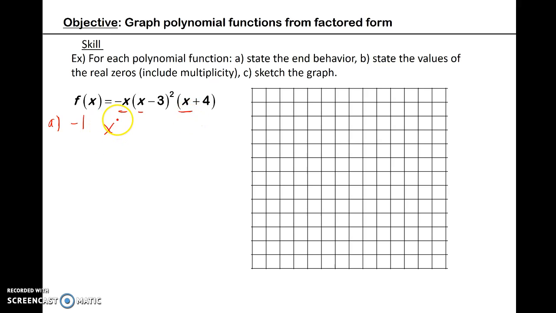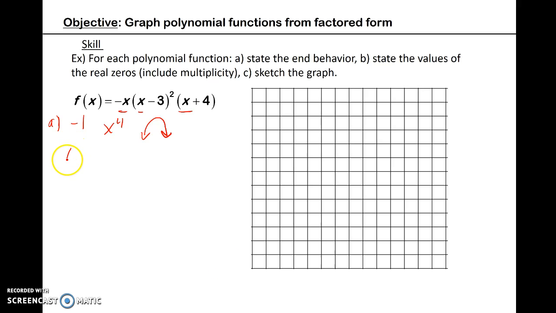So this is a quartic function that has a negative coefficient, so therefore it is going to be facing downwards and have end behavior that goes towards negative infinity.